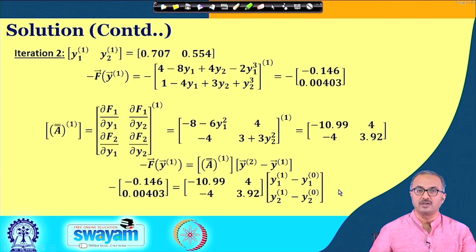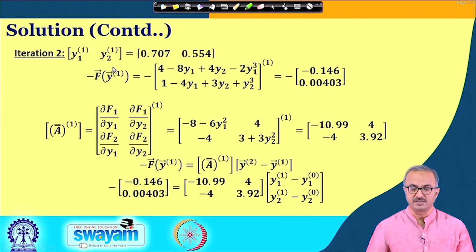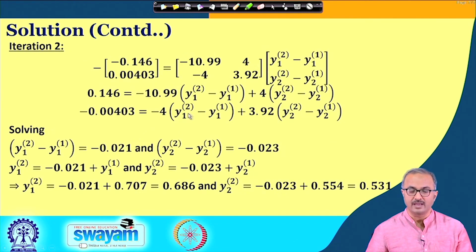Now, taking these values of y1 and y2, we go for the next iteration. Here again we find the function values, and the Jacobian we evaluate for the new set of y1, y2. We put these values into this equation, and again we obtain a set of two linear algebraic equations.